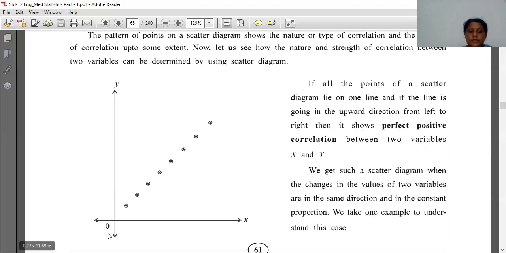See, here this is 0, this is x-axis, this is y-axis, and here the diagram is going in the upward direction from left to right, from your left hand side to your right hand side. So left to right, upward direction, it is called a perfect positive correlation.